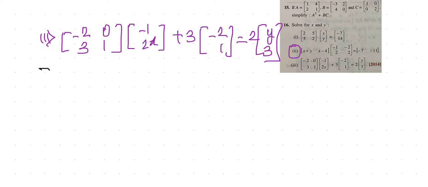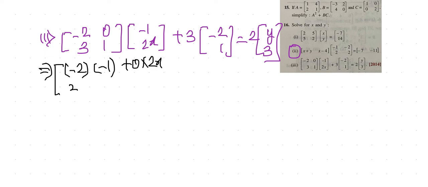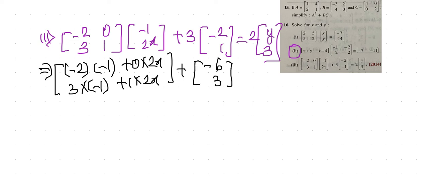So what you will be writing, this implies minus 2 into minus 1, plus 0 into 2x, and here you will be getting 3 into minus 1 plus 1 into 2x, and then plus here 3 is being multiplied, so you will be getting minus 6 and 3 is equal to, here when you are multiplying you are getting 2y and 6.